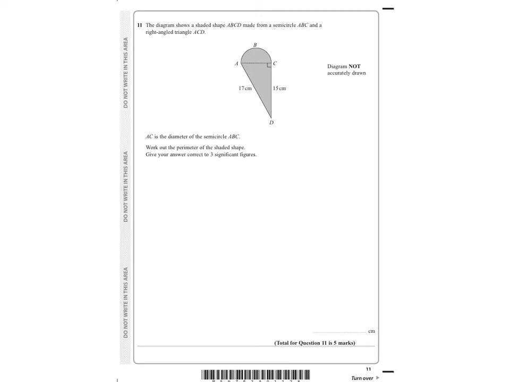The first thing I'm going to do is I need to work out this bit here. Because my perimeter is going to be 17, which I have, 15, which I have, and then this bit, which I don't have. Okay, so which is half a semicircle.